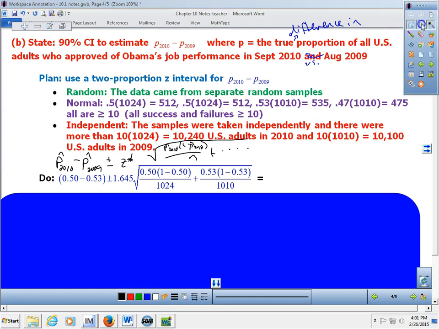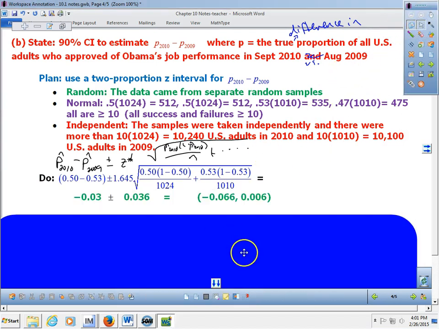You can start to just number crunch at this point, right? So the difference is negative 0.03. This is our margin of error, 0.036. And so our interval turns out to be negative 0.066 to positive 0.006.